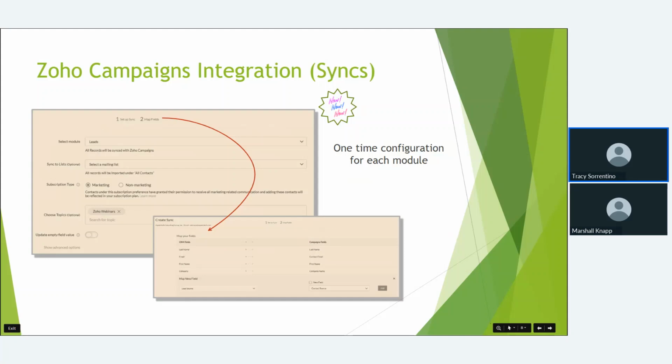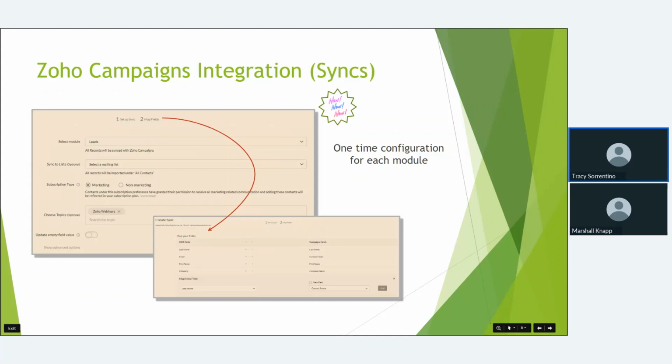Another thing you want to think about is, when you look at your CRM contacts, how many contacts are you moving over to Zoho Campaigns, and what is your subscriber limit? If you're going to go over your subscriber limit, you have to think about how you're going to manage that.